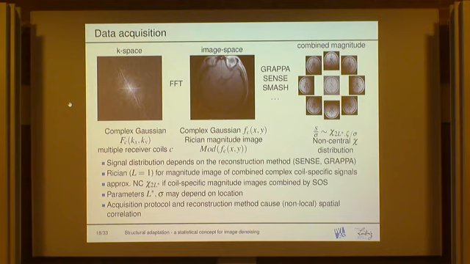So the signal standardized by the noise level in k-space or in image space is distributed non-central chi with number of degrees of freedom equal to 2L*. L* is something we call the efficient number of receiver coils, which is, depending on the method, between 1 and the actual number of receiver coils.